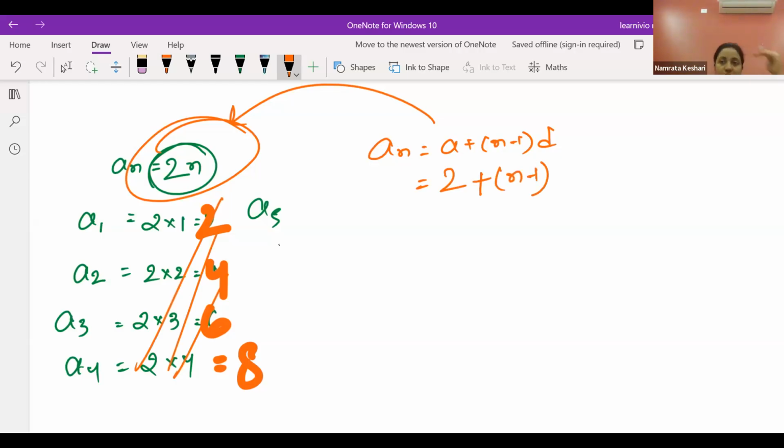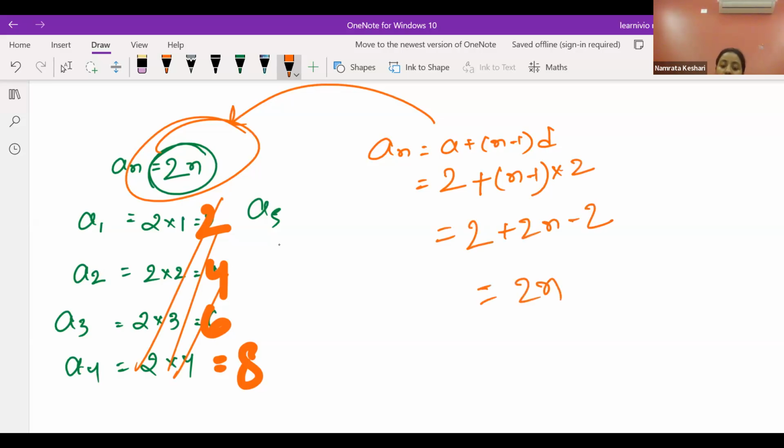I just started today's class, wrote 2, 4, 6, 8, 10, and I asked Nabila and Manvi what will be the nth term. Both started finding the nth term and both told me the nth term will be 2n.